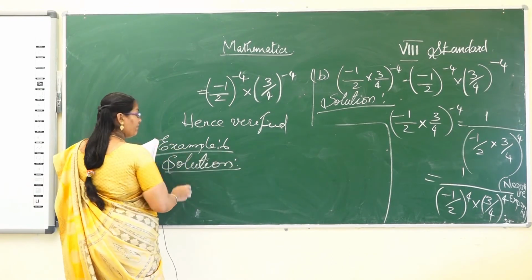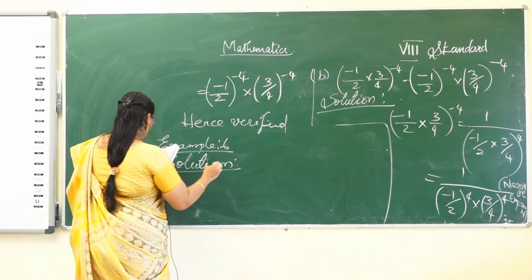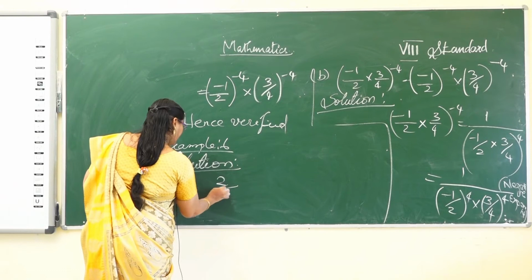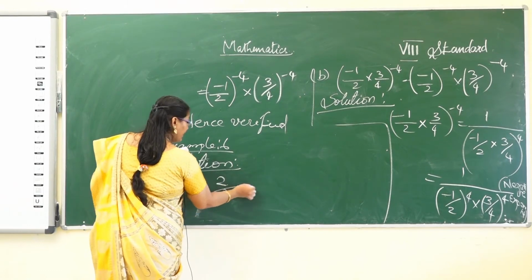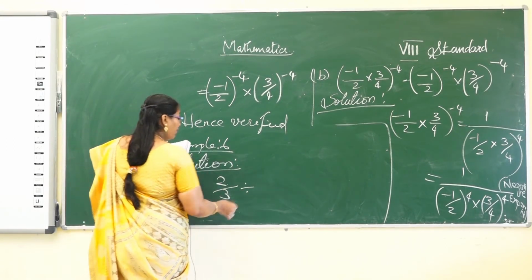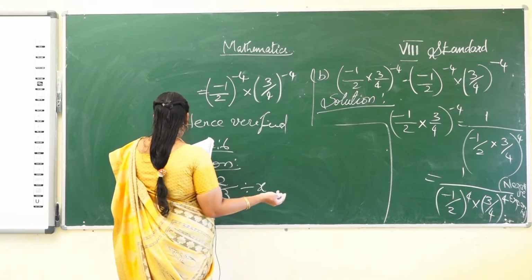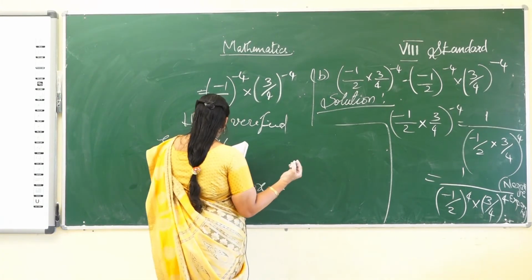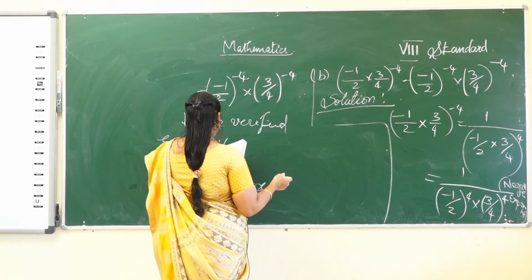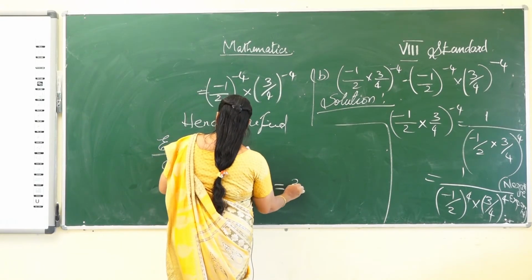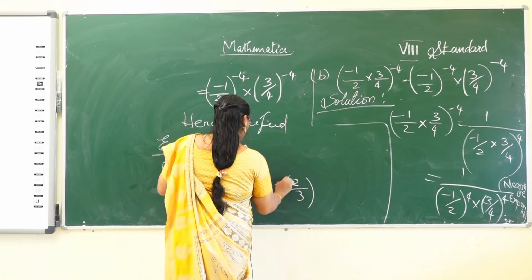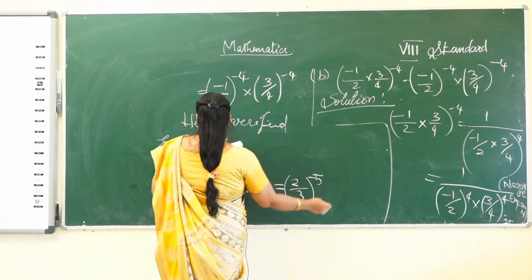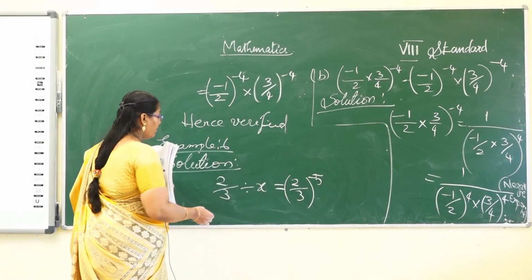The number 2 by 3 is divided, division symbol, by which number? x. That we have to find out, the unknown number x. Then the quotient is given: (2 by 3) the whole power minus 5.